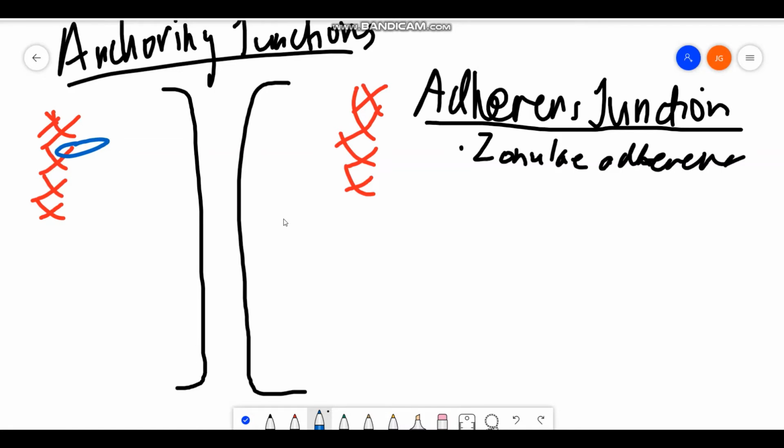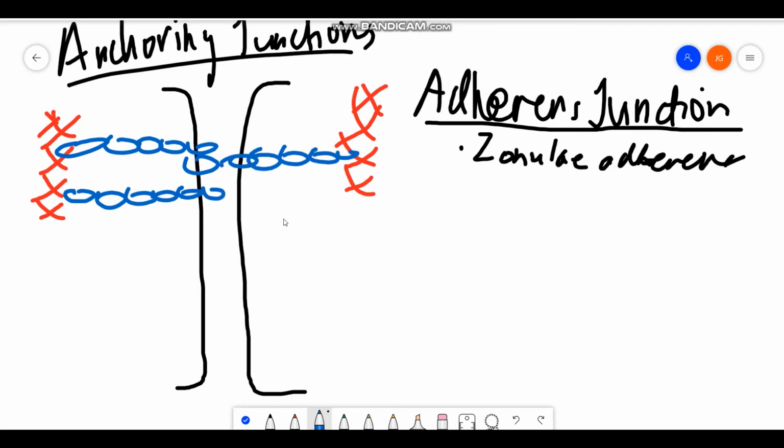It's going to look something like this. This is very simplified. There's a lot going on here, actually, if you really want to zoom in. But this is generally what's going to happen. These are your anchors that are going to hold your two cells together at the actin filaments.